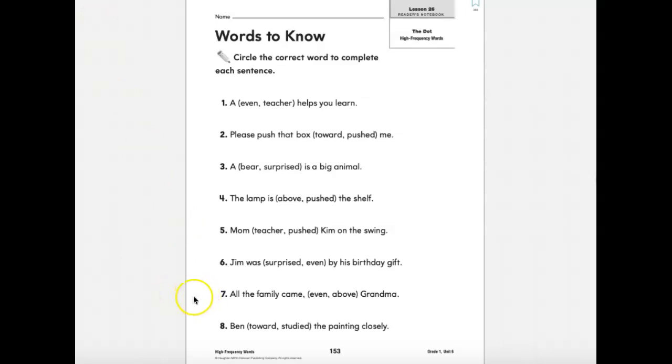Sentence number 7 says, all the family came blank Grandma. All the family came, even, above. Circle the word that best completes the sentence for number 7.